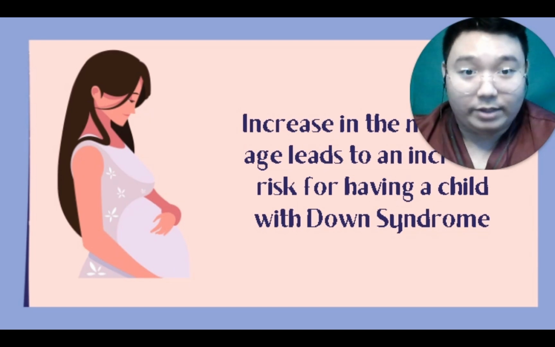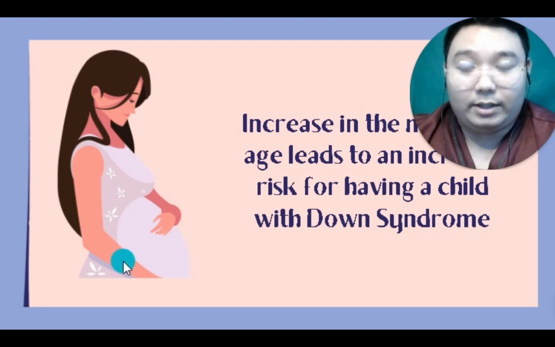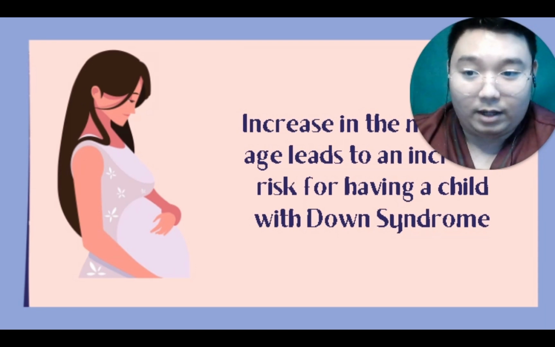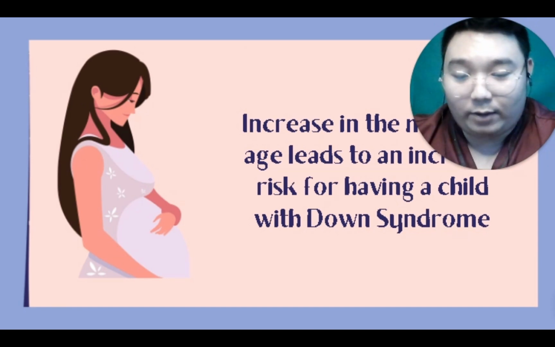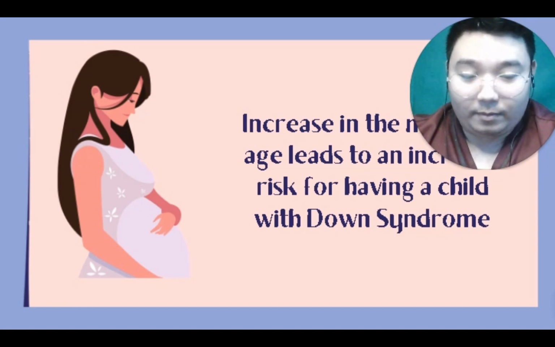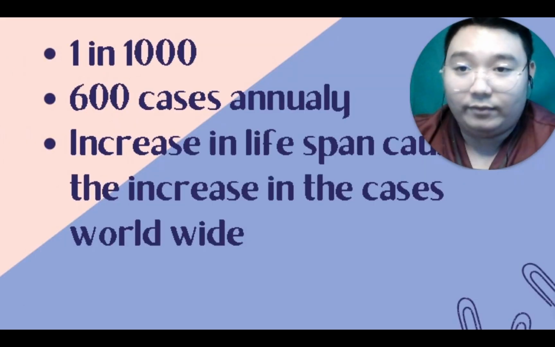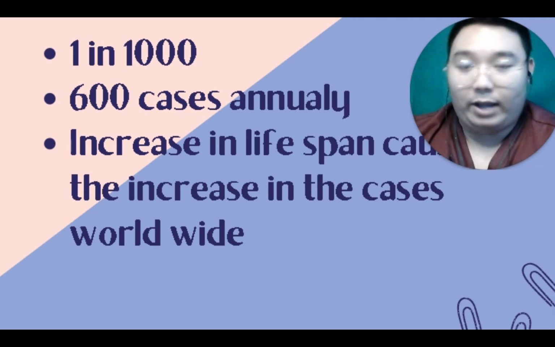If a mother is more than 35 years old, the risk for their baby to have Down syndrome increases also. 1 in 1,000 babies that are born have Down syndrome. Then there are 600 cases annually.